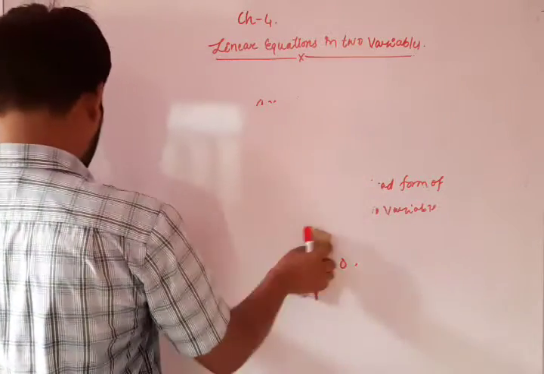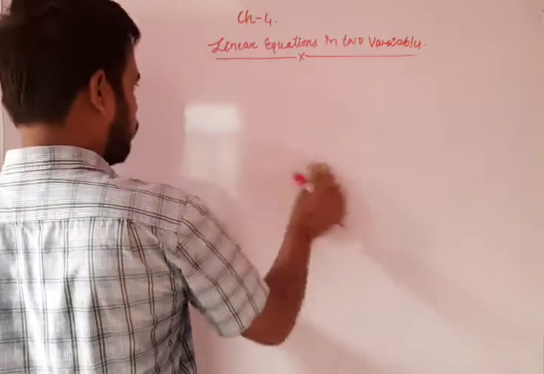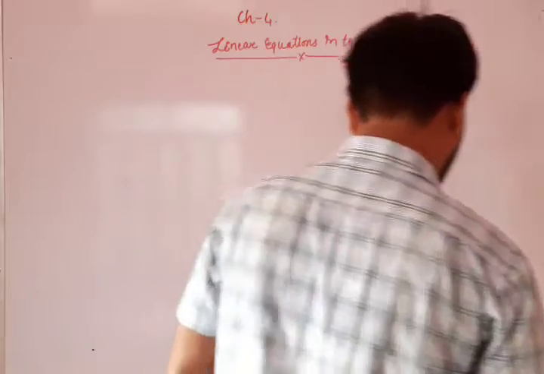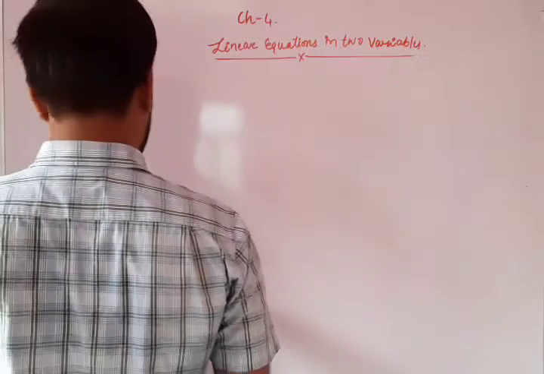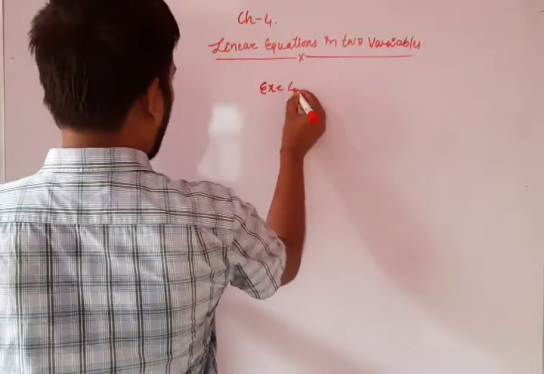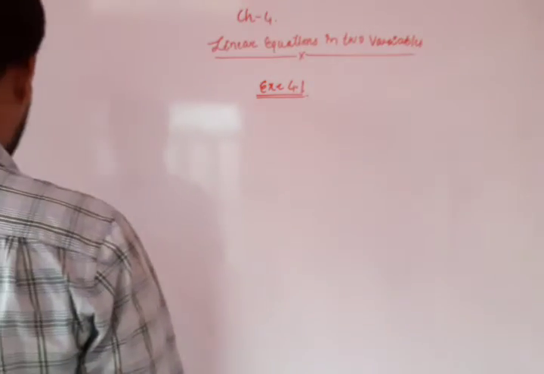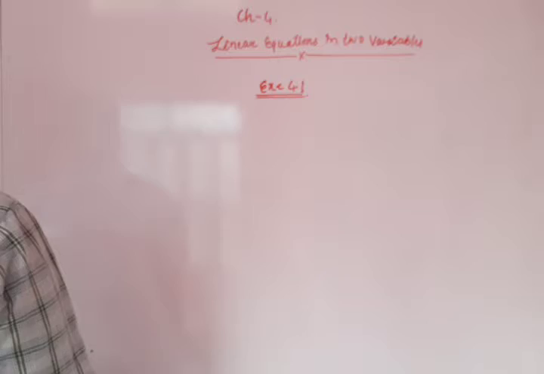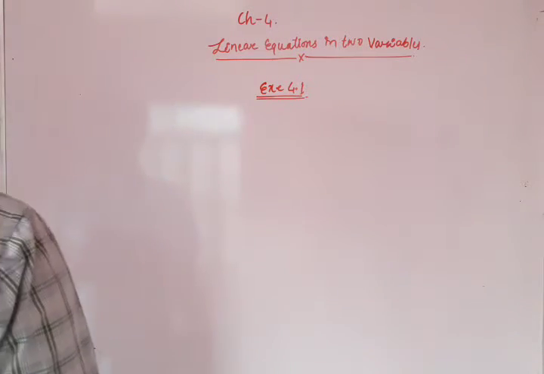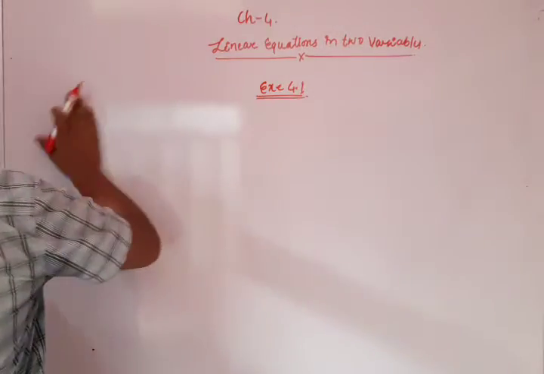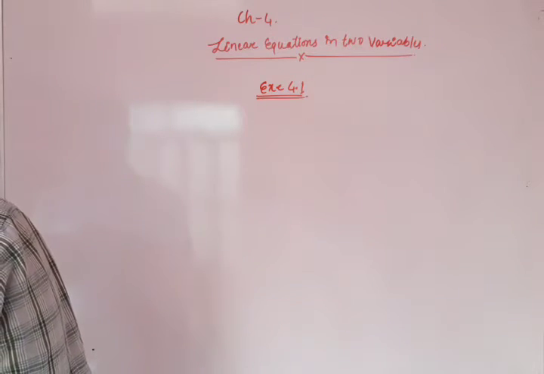In exercise 4.1, question number 1 is: the cost of a notebook is twice the cost of a pen. Write a linear equation in two variables.